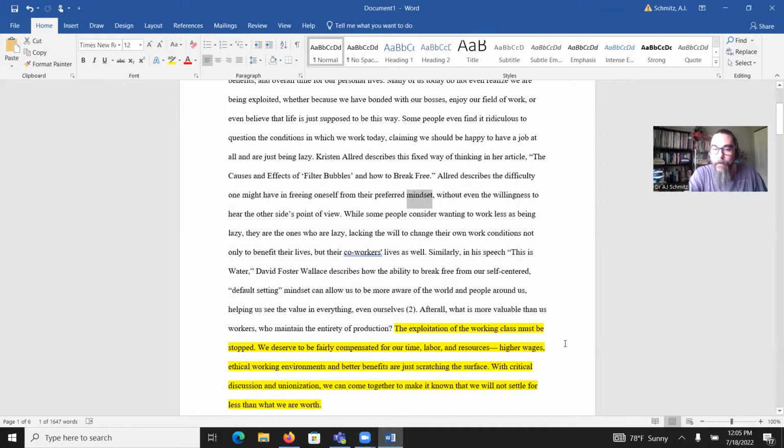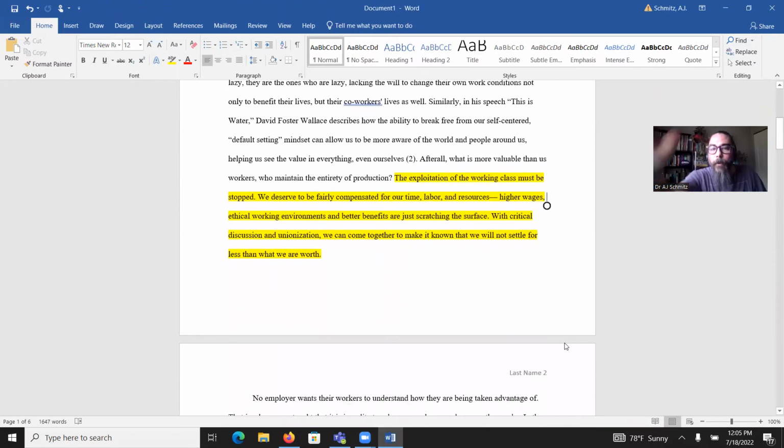the highlighting right here. The exploitation of the working class must be stopped. This is a problem. The exploitation of the working class must be stopped. Why is it important? We deserve to be fairly compensated for our time, labor, and resources. Higher wages, ethical working environments, and better benefits are just scratching the surface.